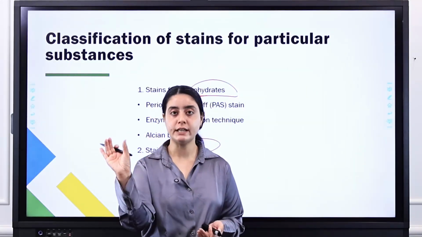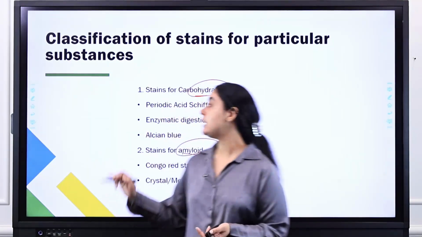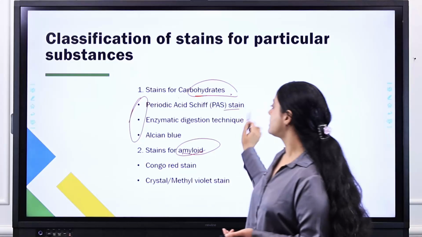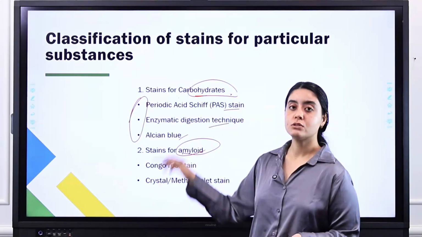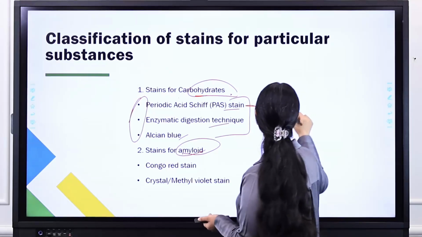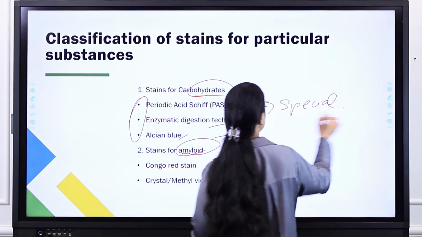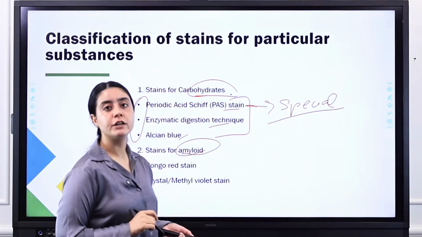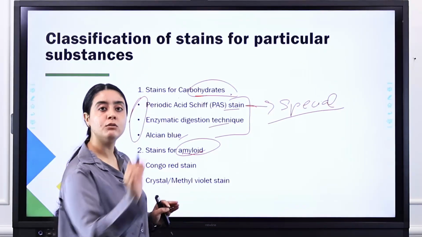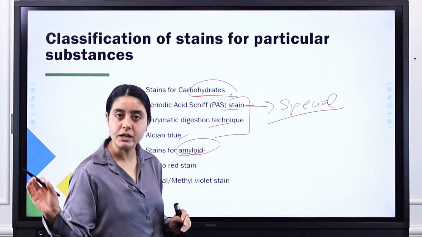All these headings have certain stains. Like stains for carbohydrates have 3 types of stains: PAS stain, enzymatic digestion, Alcian blue. Apart from these, the PAS stain will be the special stain. It comes under the category of the special stain. So for every type of stain I will tell you which is under the category of the special stains.